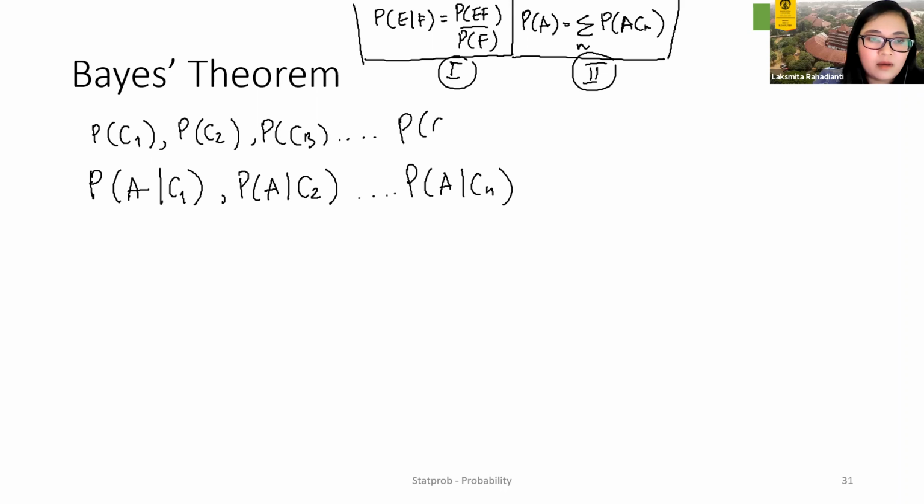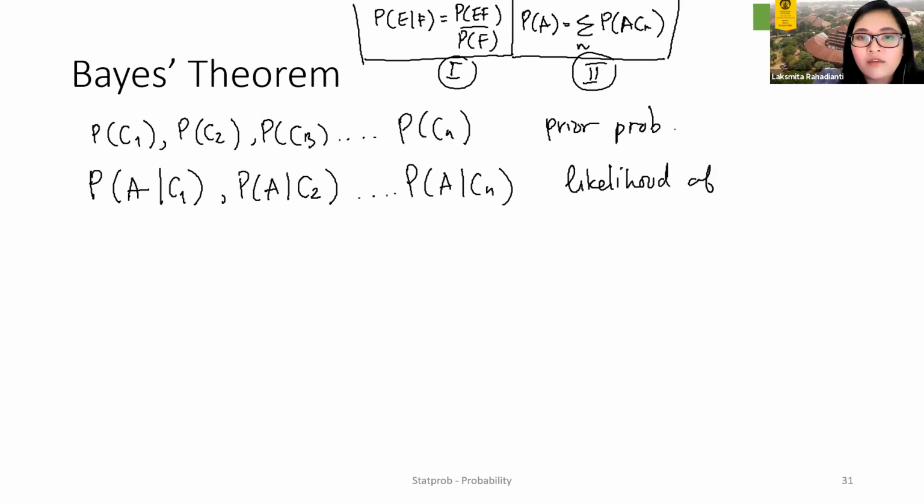So I know the conditional probabilities. I know what will happen if these conditions occur. So here we have the prior probabilities, and we also have the likelihood of A.